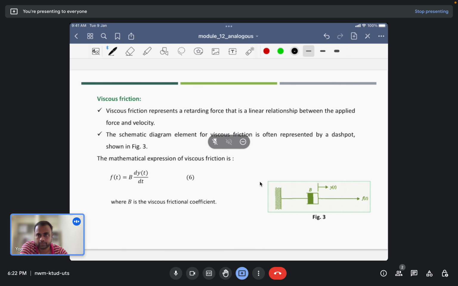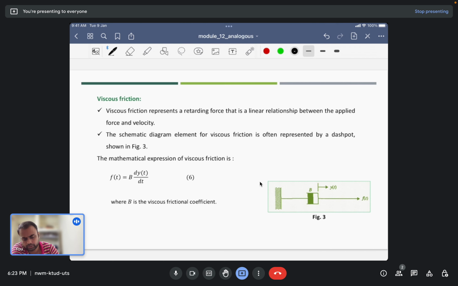Viscous friction represents a retarding force, that is, a linear relationship between the applied force and velocity. The schematic diagram element for viscous friction is often represented by a dashpot, shown in figure 3. The mathematical expression for viscous friction is f of t is equal to b times the ordinary differentiation of displacement with respect to time, where b is the viscous friction coefficient.